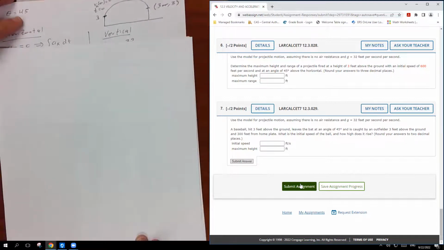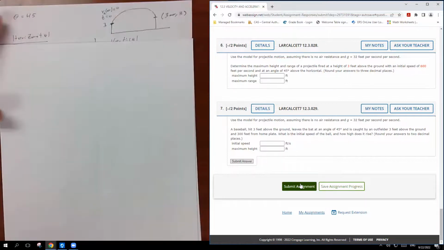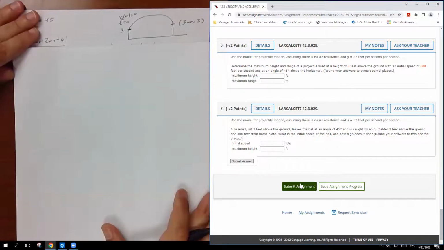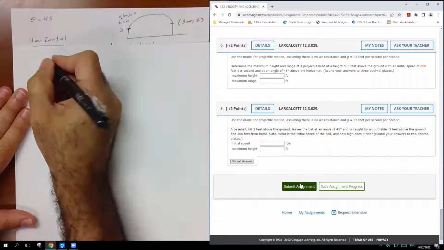So my position vector is the position vector. That's what we got here. I'm just going to type it here.